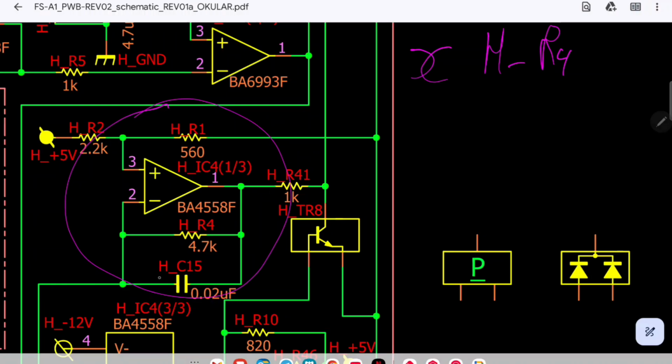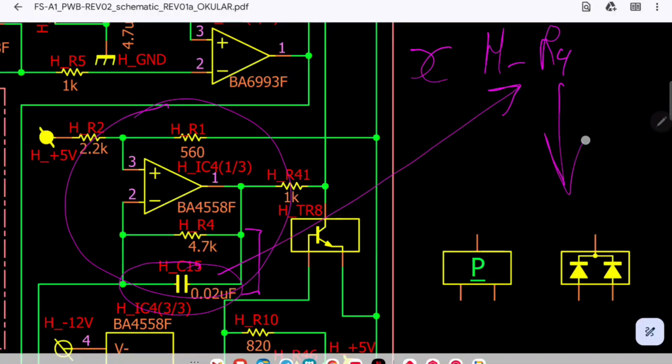Now the difference is that we have our capacitor, which is connected in parallel with the resistor, and we know that the impedance of the capacitor will go down as the frequency increases. If the impedance of the capacitor goes down because the frequency increases, the impedance of the two in parallel will also go down, and the gain of our amplifier will also go down with the frequency.